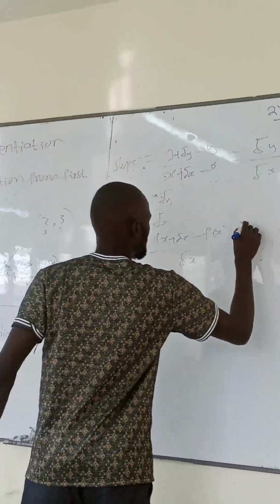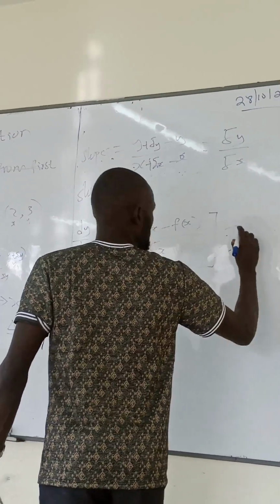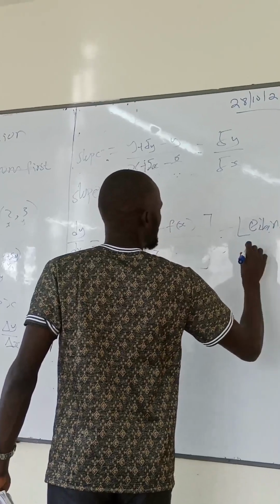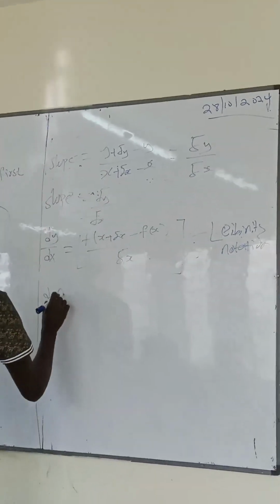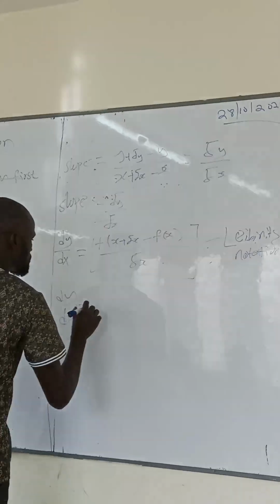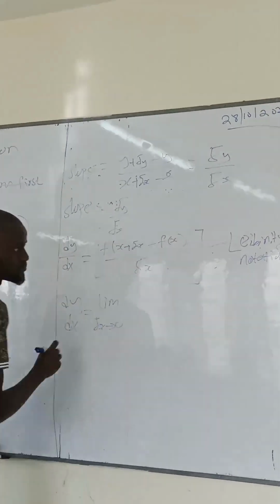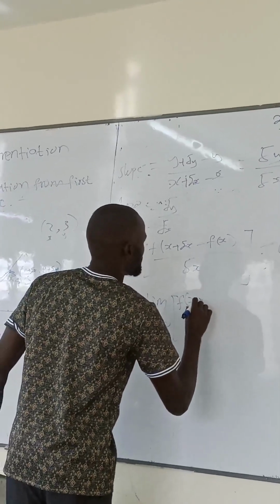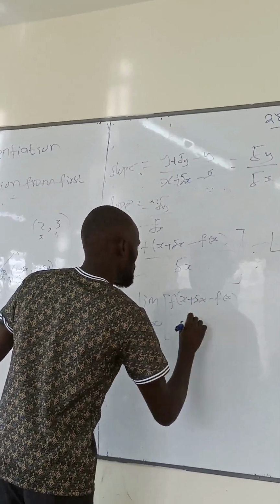Now this is what we call the Leibniz notation. Then when we introduce the limits, dy dx is equal to the limit as the small change in x tends to 0 of f of x plus small change in x, minus f of x, over small change in x.